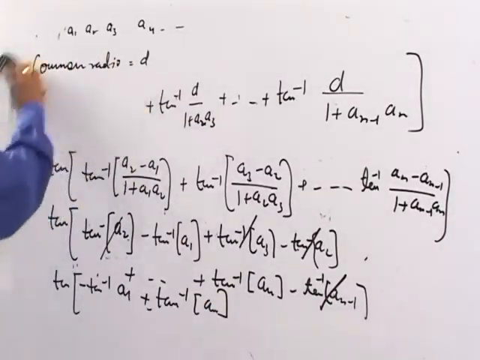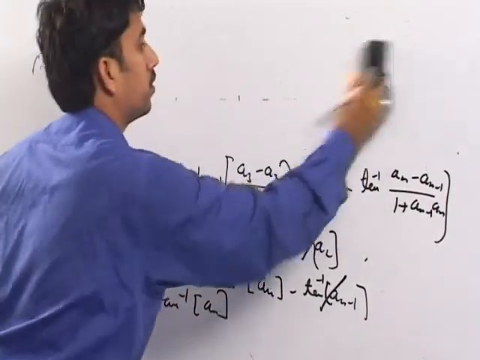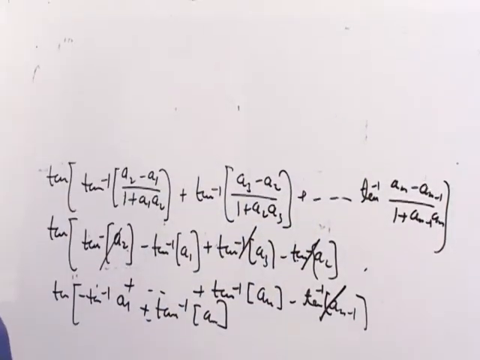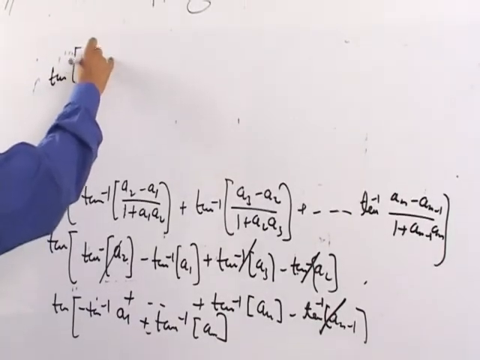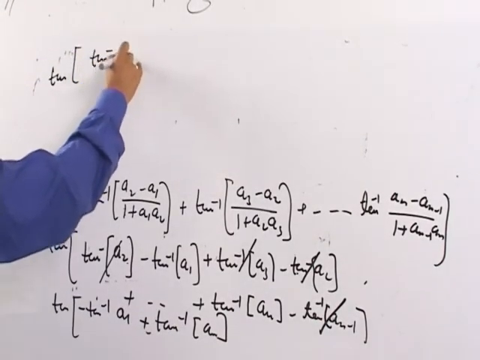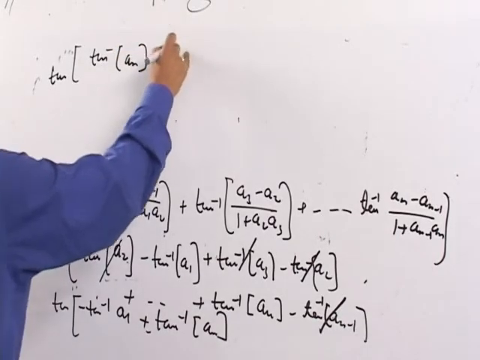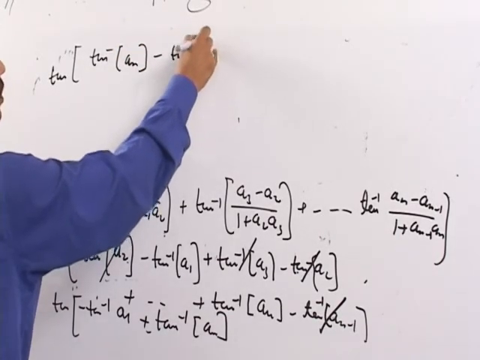Now this can be written as tan of tan inverse an minus tan inverse a1.